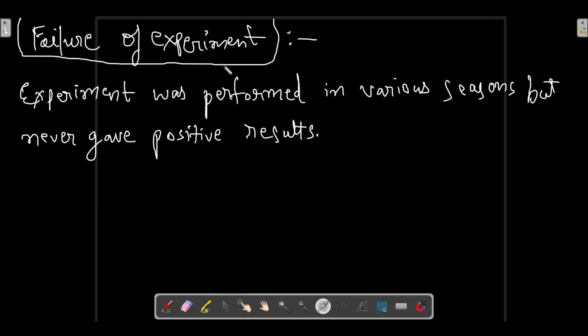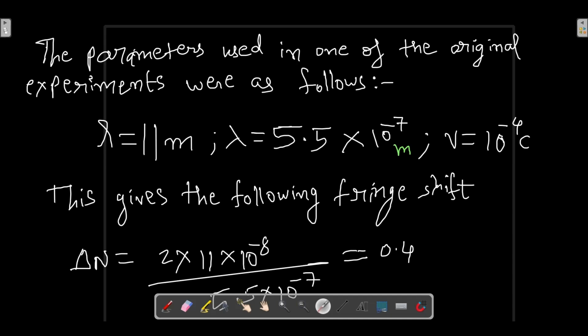So the failure of the experiment was that it was performed in various seasons but never gave positive results, like delta n equal to 0.4. No matter at what time of the year, no matter in which place of the earth, and even with much higher accuracy as compared to Michelson-Morley's time, the value always came out to be equal to 0.